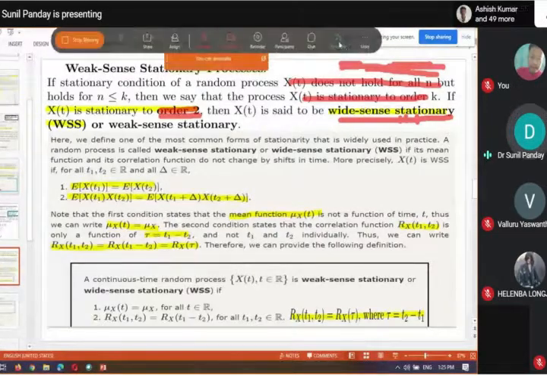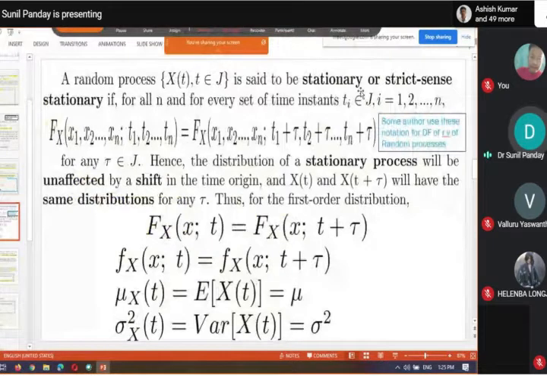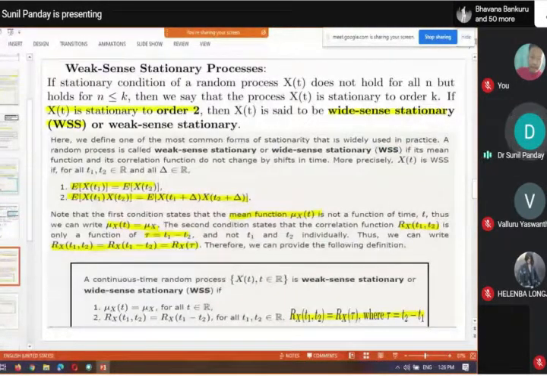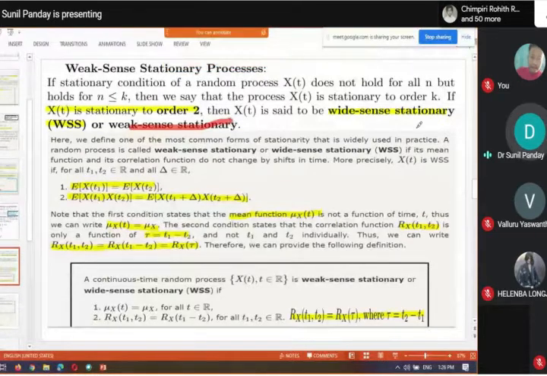And earlier, when we were talking about strict sense stationary, we represent it by triple S, strict sense stationary, the triple S process. And this is wide sense stationary, WSS. Sometimes some authors use the word weak sense stationary also. So WSS means weak sense or wide sense stationary, and triple S means strict sense stationary.